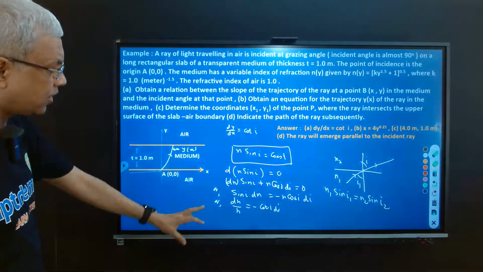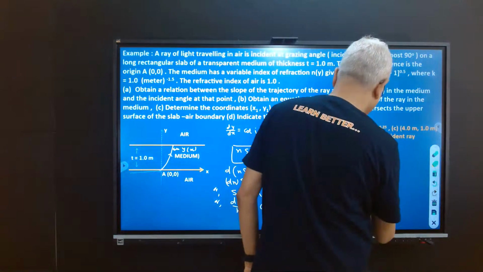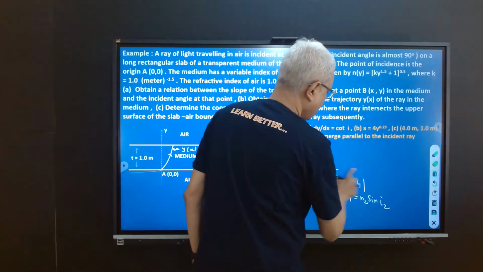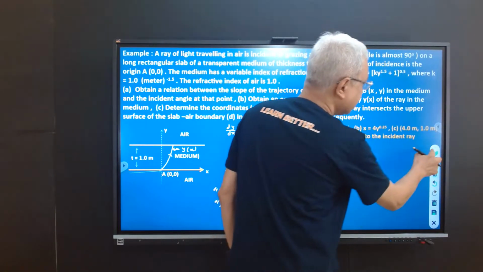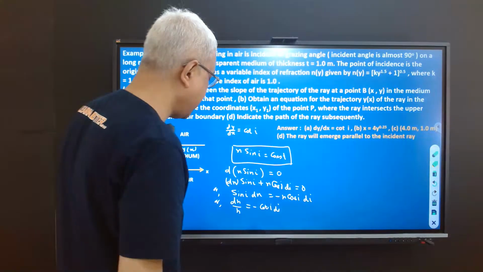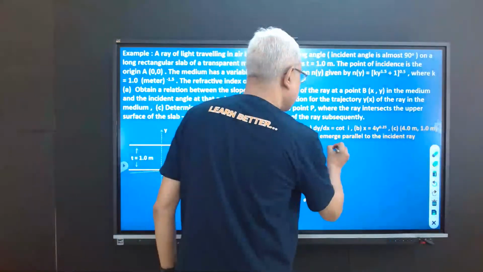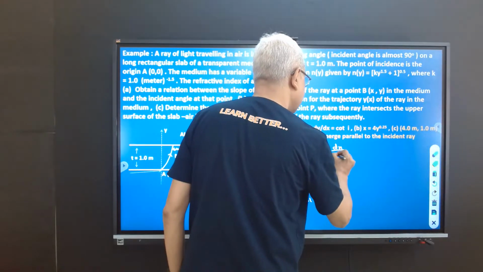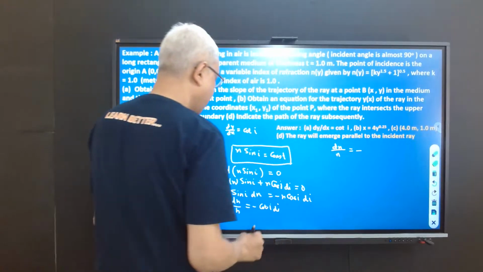So with a little calculus, I get this result. Okay, so let us see what we can do with this. So dn by n is equal to minus cot I di.